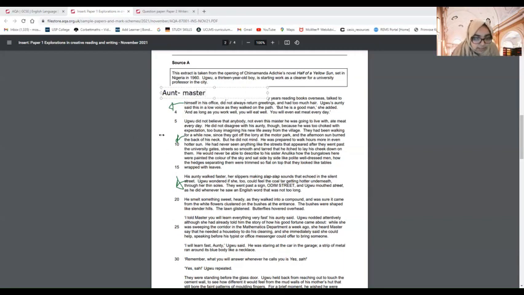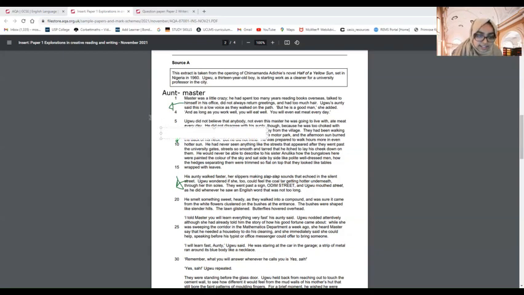Then next, what's this paragraph about? This paragraph is describing his master's luxury life, how he eats meat every single day, and in comparison, how Ugwu is prepared to walk hours in the hot sun.